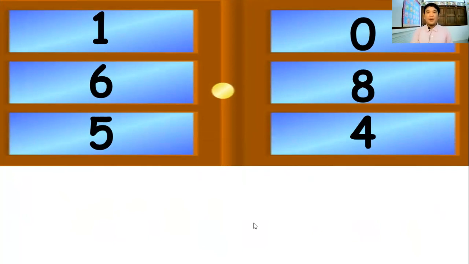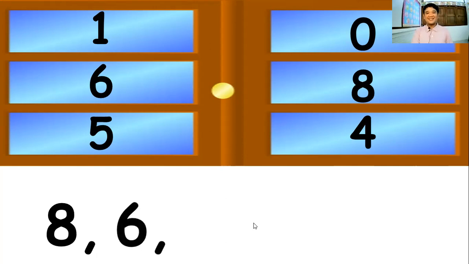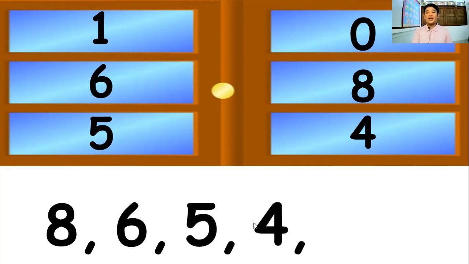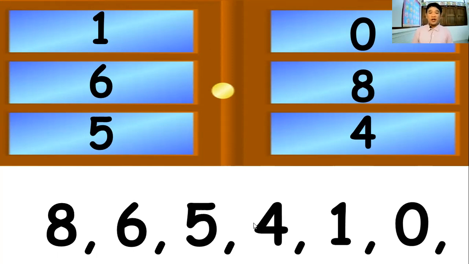The greatest number is 8. And after 8 is 6. And after 6 is 5. And after 5 is 4. And after 4 is 1. And the smallest number is, very good, it's 0. So therefore, 8 is the greatest number and 0 is the smallest number.